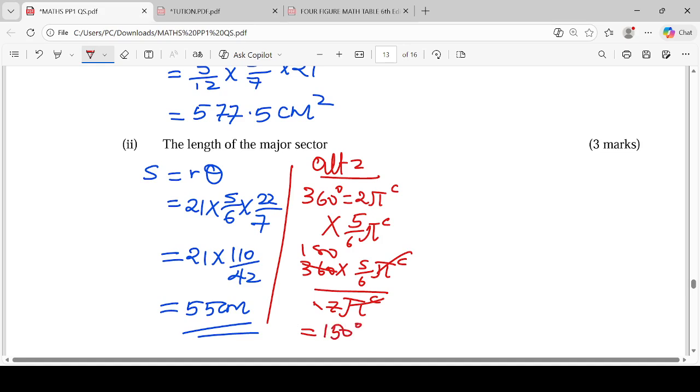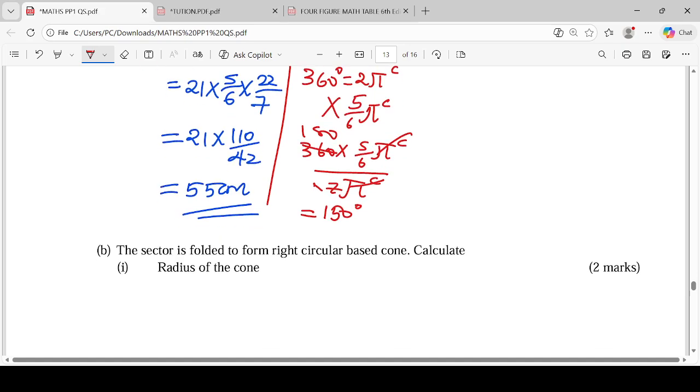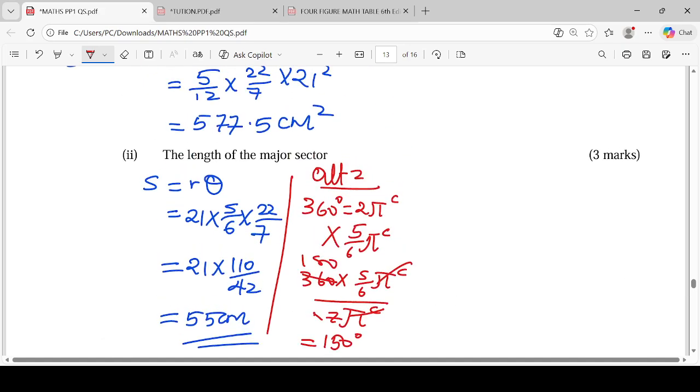So it means you had a minor sector, and we do have what's called a major sector. This minor sector, the angle here is 150 degrees. To get the outer sector here, you take 360 minus that, you get 210. Now, to get the length, remember length is given by theta over 360 times 2 pi r, because we want the length of the major sector.